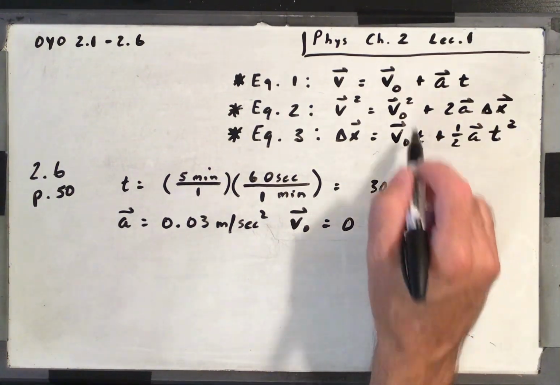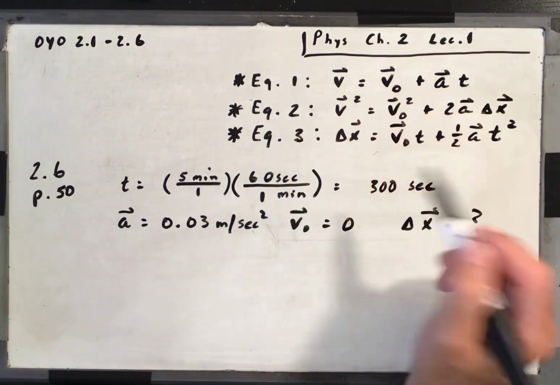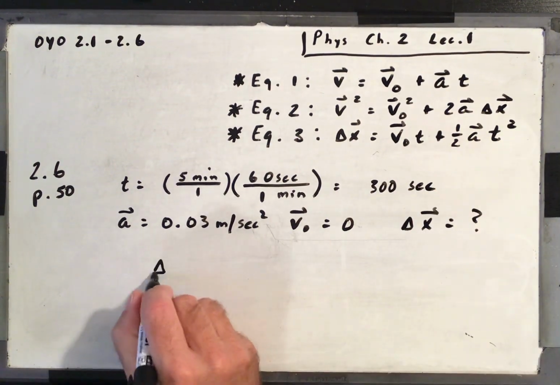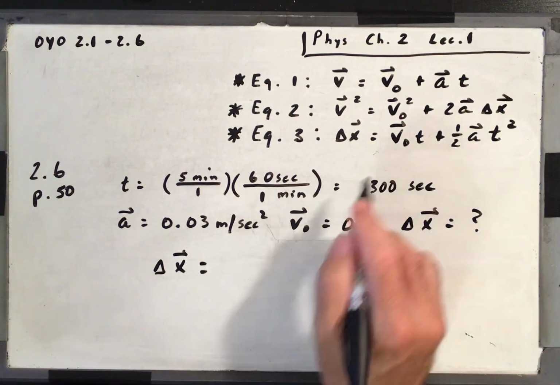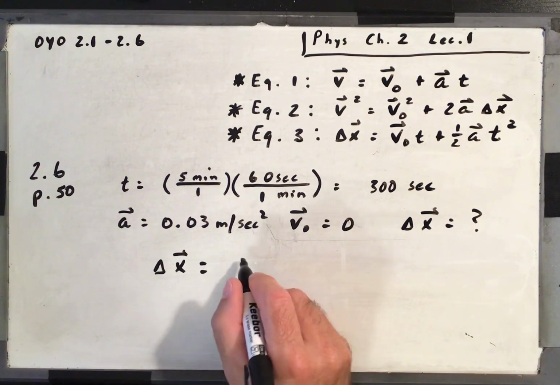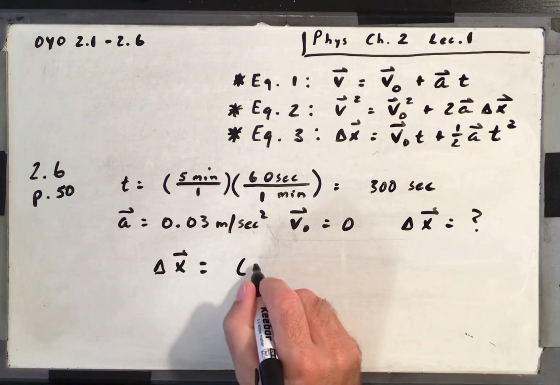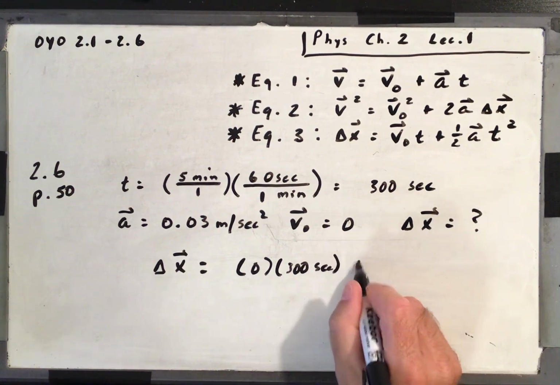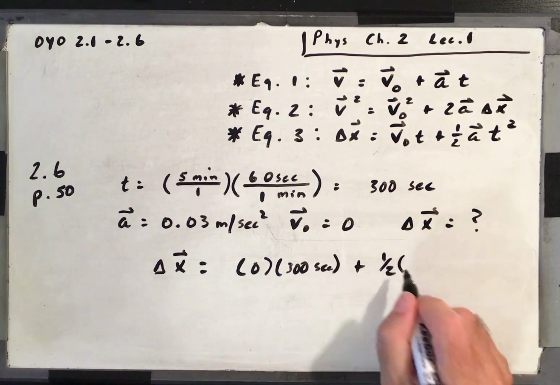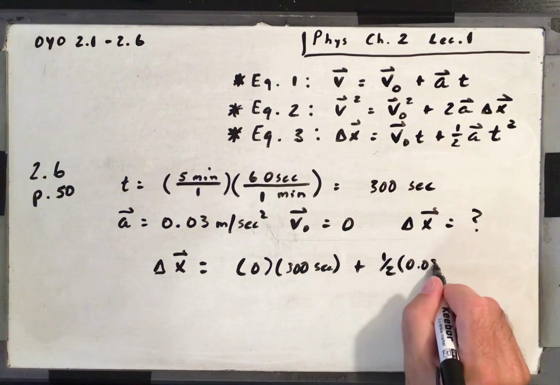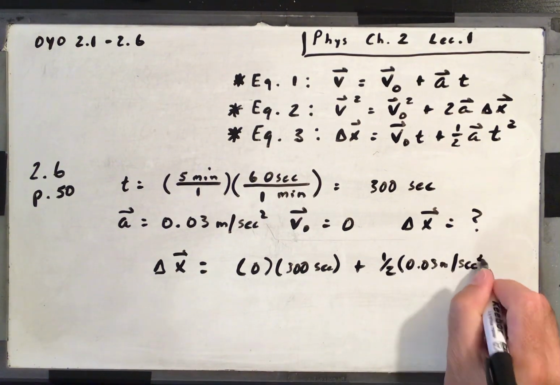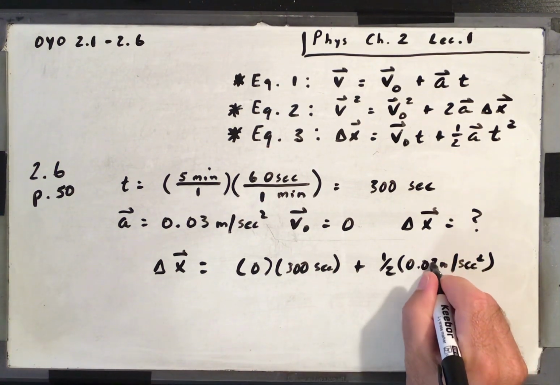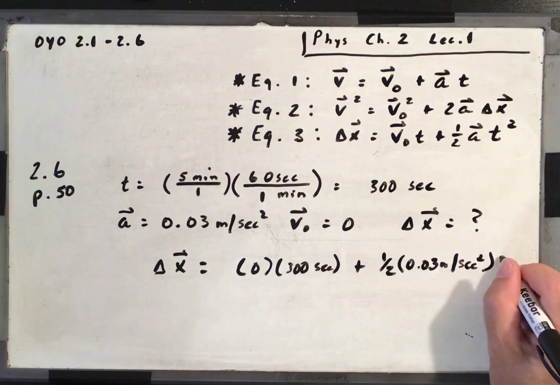Now, I wish the author had kind of mixed it up to where we didn't go 1, 2, 3, but that's the way he went. But it doesn't necessarily go that way in the homework. Okay, so delta x, that's what we're solving for, equation 3, is equal to v naught t. So that's going to be 0 times 300 plus 1/2 times 0.03 times 300 seconds.